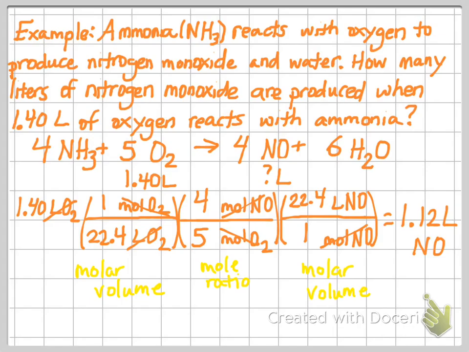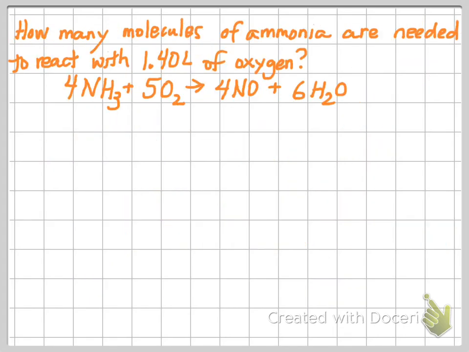Okay, so you'll notice on your outline there's a second example. It is how many molecules of ammonia are needed to react with 1.40 liters of oxygen. So again, I'm going to put my 1.40 liters underneath my oxygen. And it's asking how many molecules of ammonia are needed. So this would be a volume particle problem. Again, I still approach it the same way.